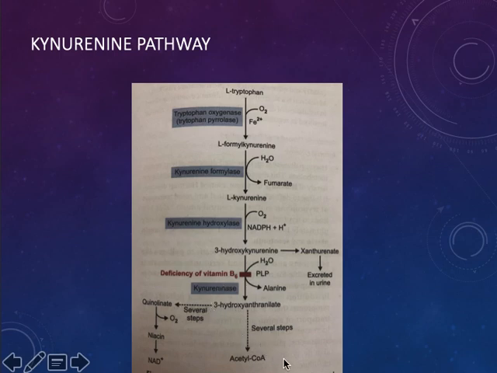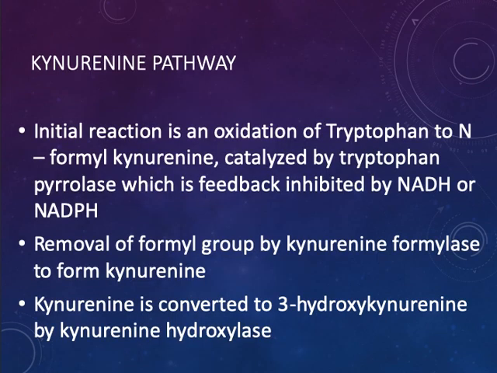Now we can have a brief discussion about the kynurenine pathway. The initial reaction is an oxidation of tryptophan to N-formyl kynurenine, which is catalyzed by tryptophan pyrrolase, which is feedback inhibited by NADH or NADPH. Then there is removal of the formyl group by kynurenine formylase enzyme to form kynurenine.